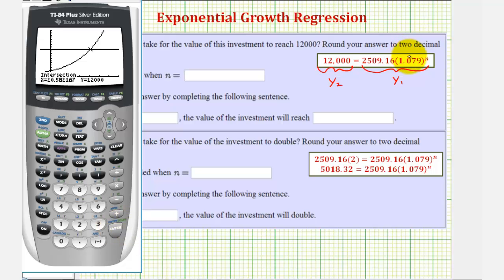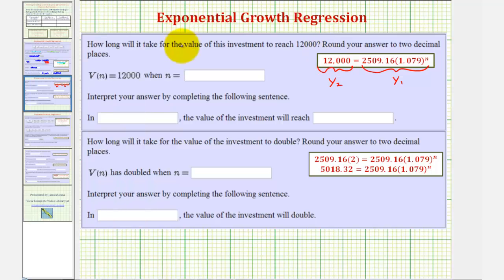We're asked to round to 2 decimal places, so n would be approximately 20.58. Which means in 20.58 years, the value of the investment will reach $12,000.